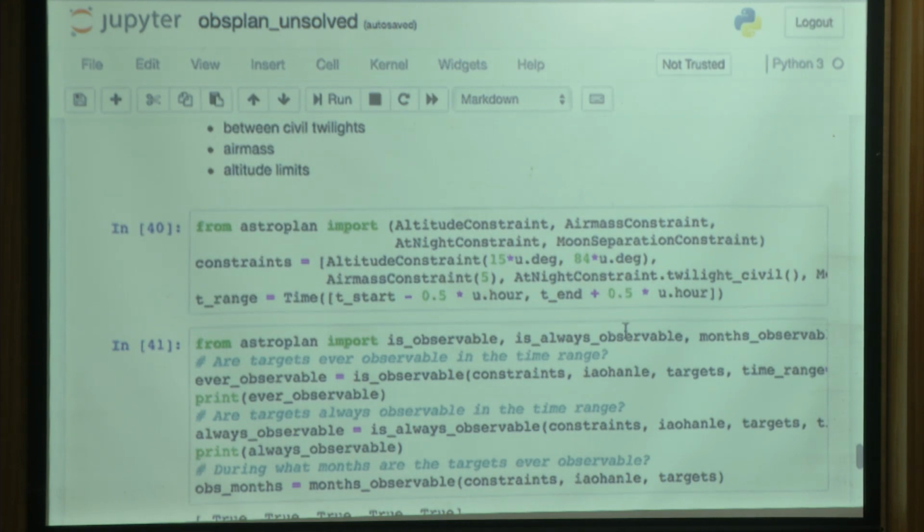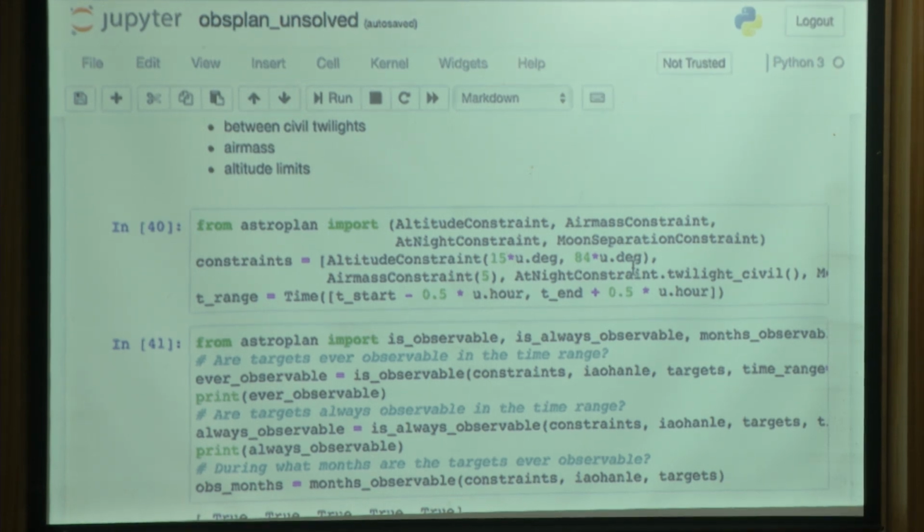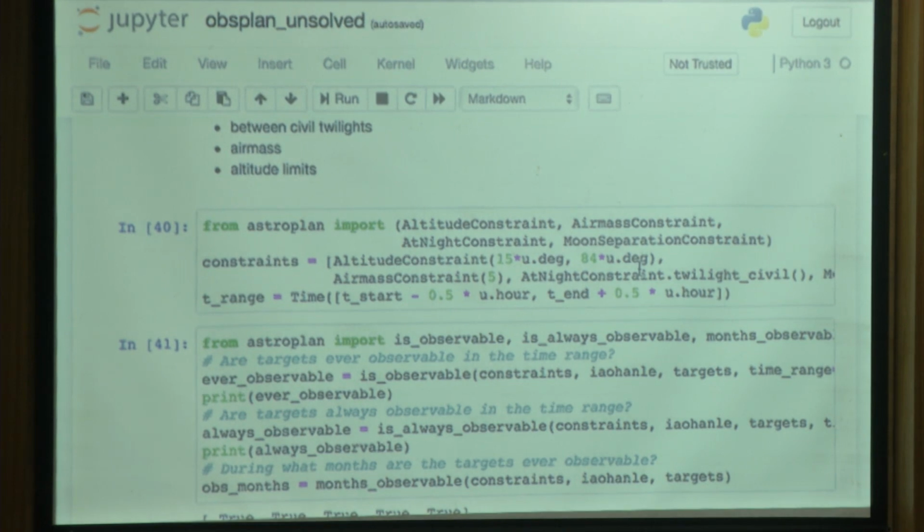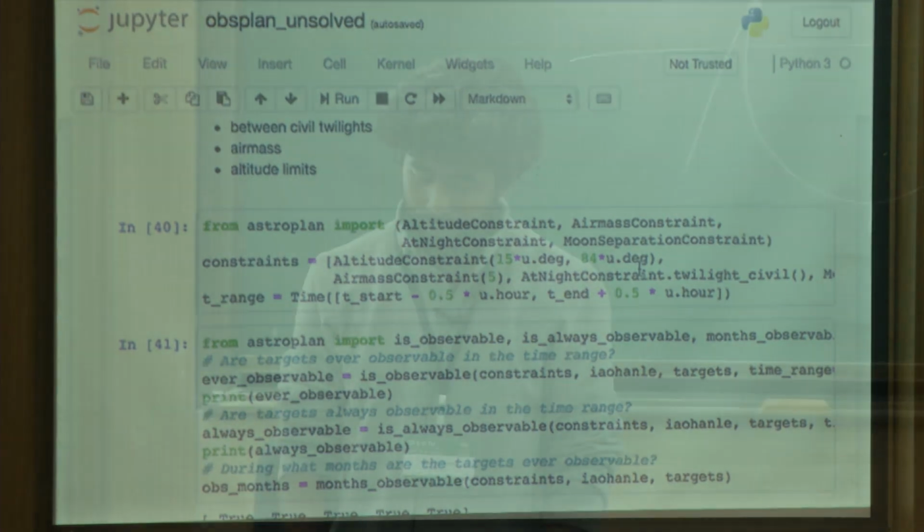I'll just go very quickly over an important aspect of Astroplan, which is incorporating constraints in the planning of your observations. As we saw, not every source should be observed at all times from all locations.